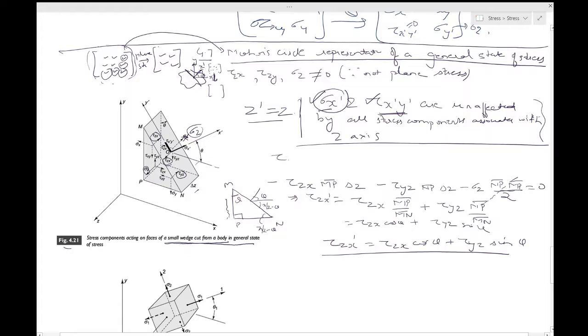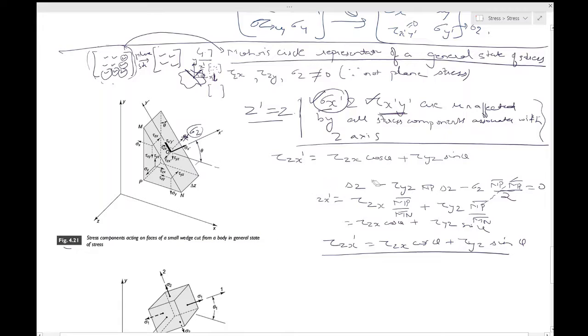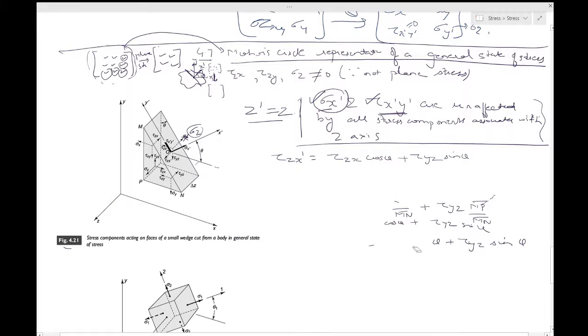Tau zx' is equal to tau zx cos theta plus tau yz sin theta. I'll just rub these things out.